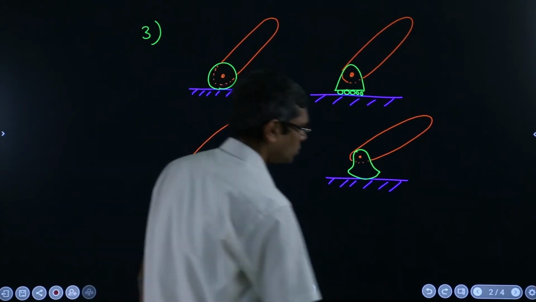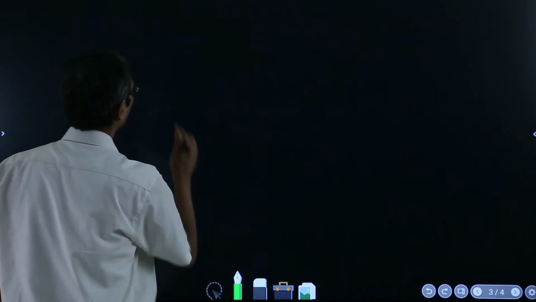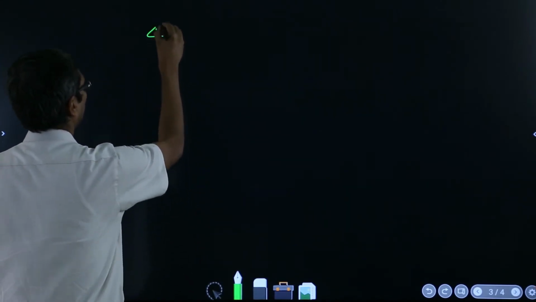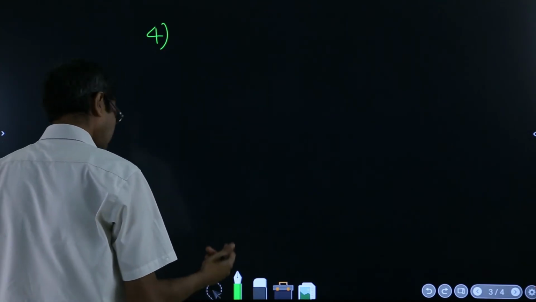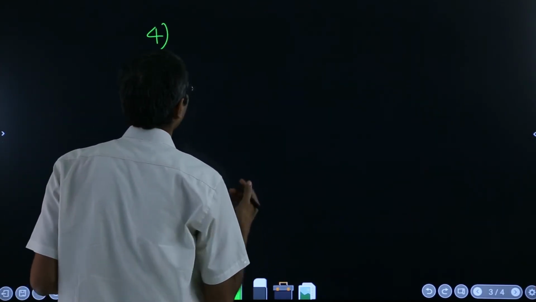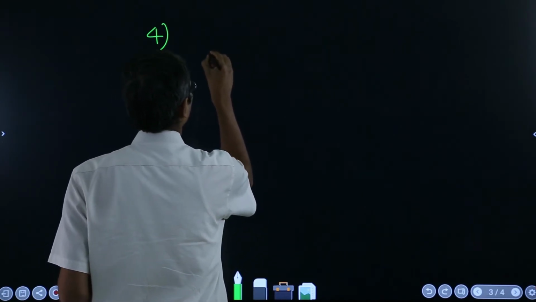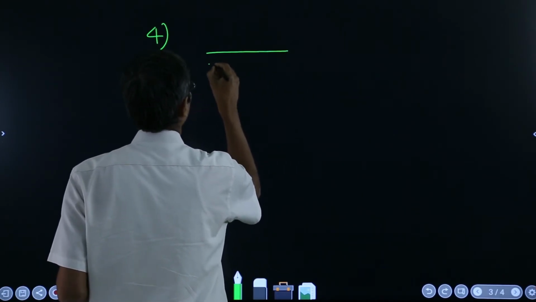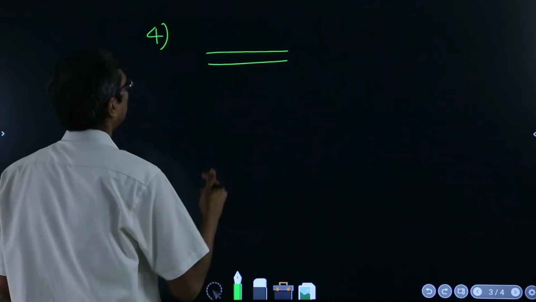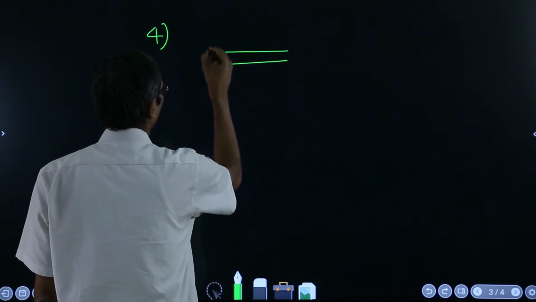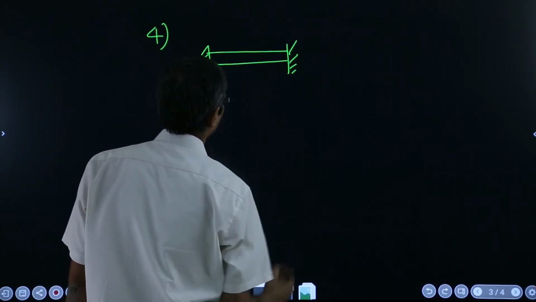Now coming to number 4. This deals with a sliding guide. Let me try to draw something like this. Suppose there is a guide like this, a sort of rod which is very smooth, connected to the ground like that.